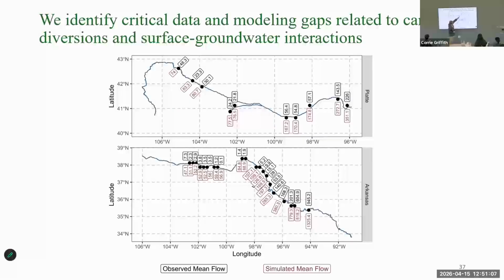So here in this red or pink color, we show the model results, and the black numbers show the observations based on USGS stations. So you can see that they are not consistent, especially in this part. Based on our model, it says the flow will increase.